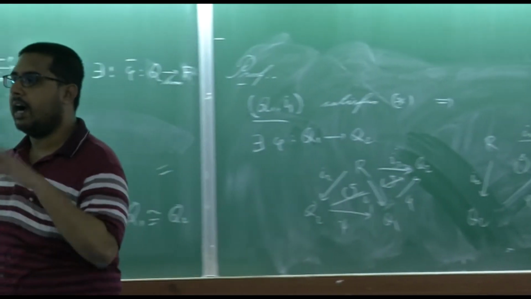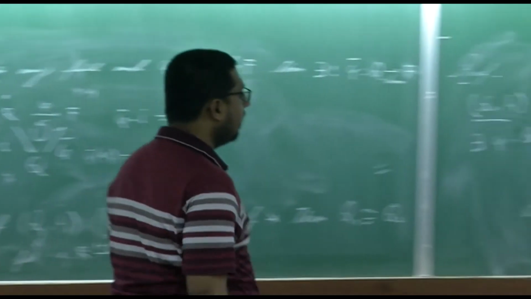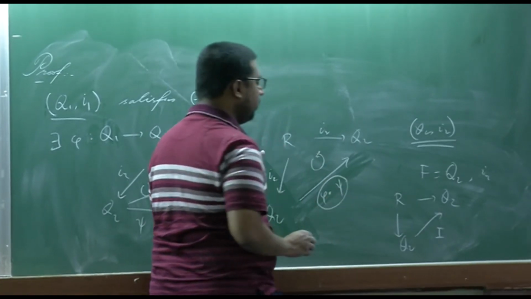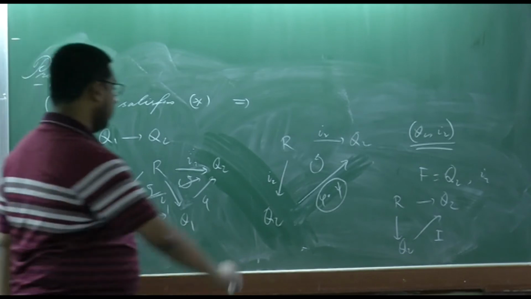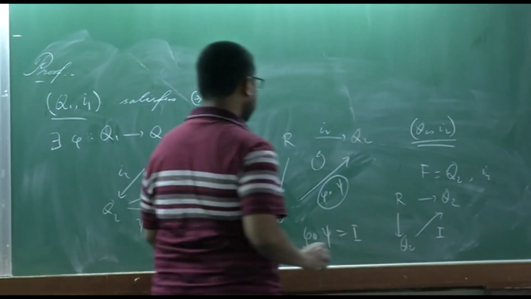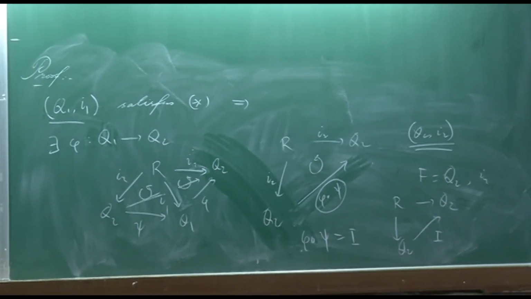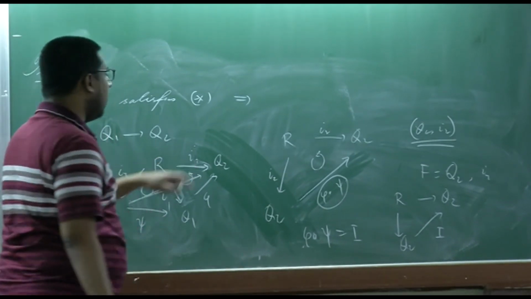So, identity is the unique map that makes this diagram commutative, and coming back here, this makes the diagram commutative too, therefore we obtain phi compose psi is identity. In a similar fashion, we can show psi compose phi is identity, that shows both phi and psi are isomorphisms.